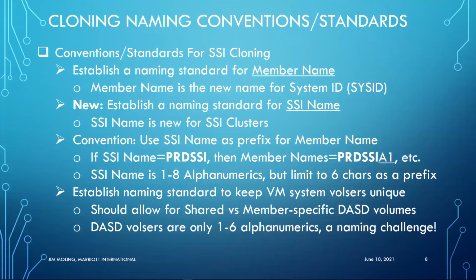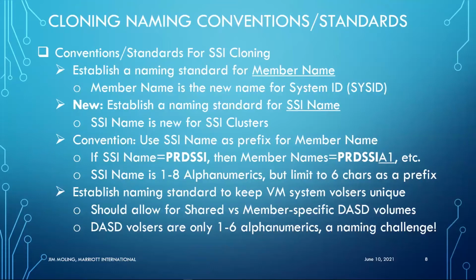So as a convention, it just made sense to me that when coming up with a name, the SSI name, which is new for clusters, should be a prefix of the member name, which is also the system ID.